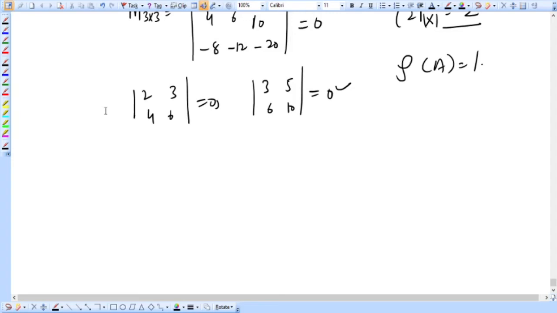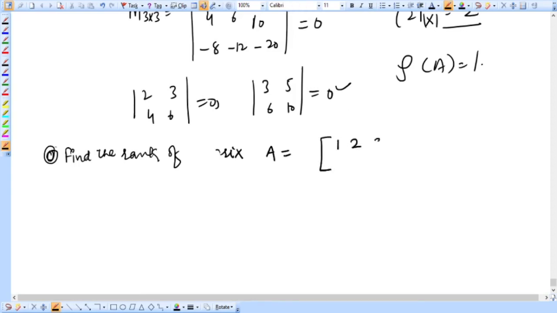Find the rank of matrix A equal to 1 2 3 4, 0 minus 1 4 2.